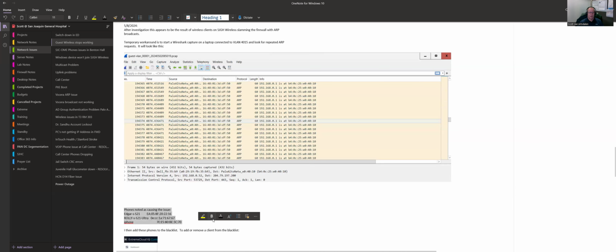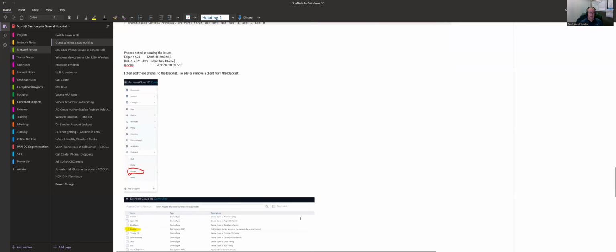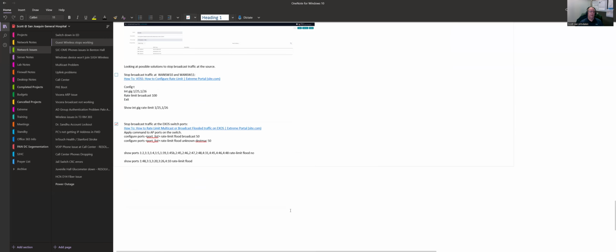I called Extreme, said, how do I do that? And they said, okay, well, here's one way you could do it. Sent me an article, how to configure rate limits on the upstream switch from the firewall. Problem with that is the upstream switch, my entire WAN runs through that.